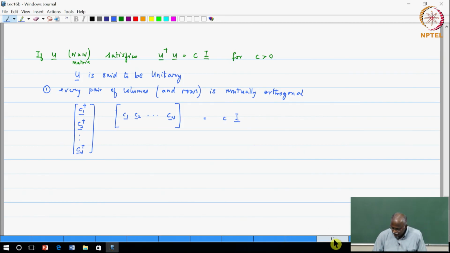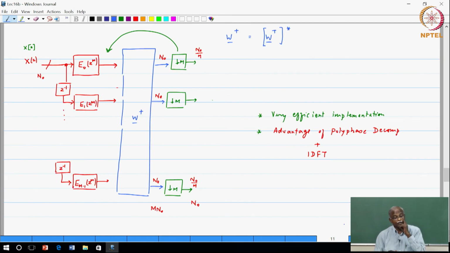Can you take a look at this structure and replace this with the DFT matrix, and then think about what change is happening.